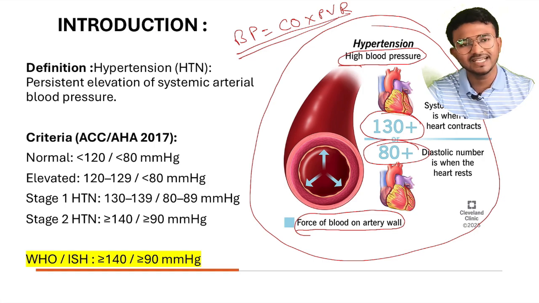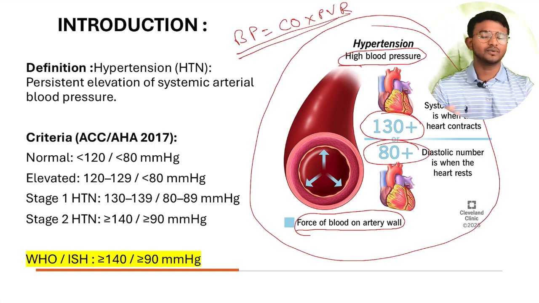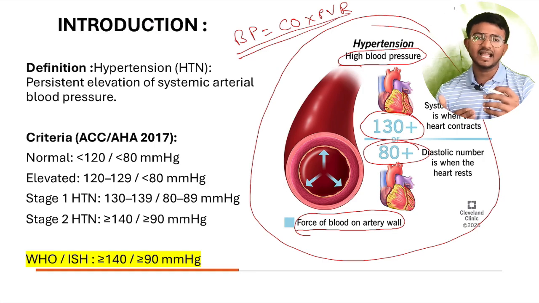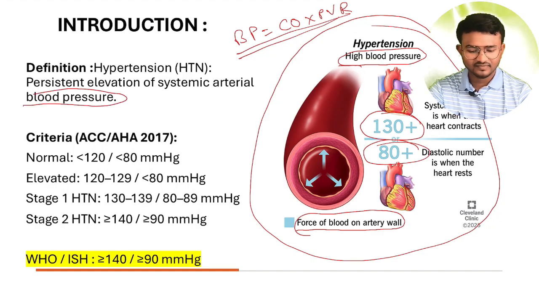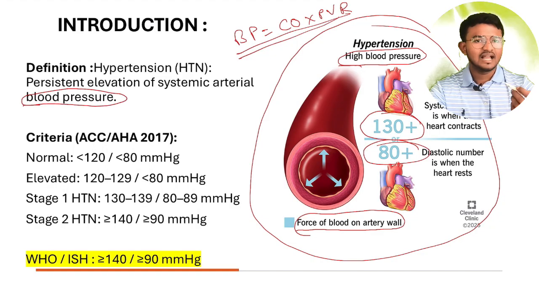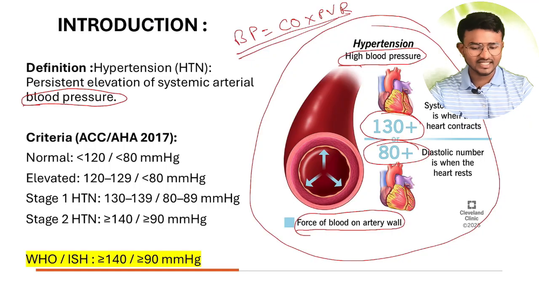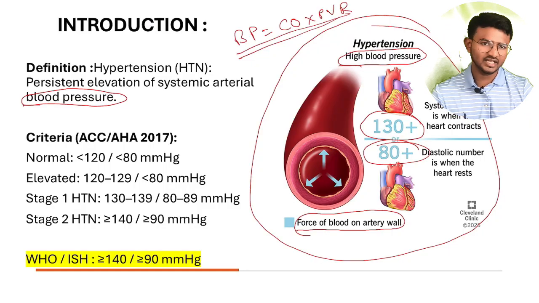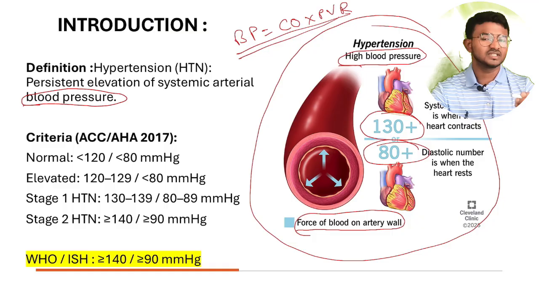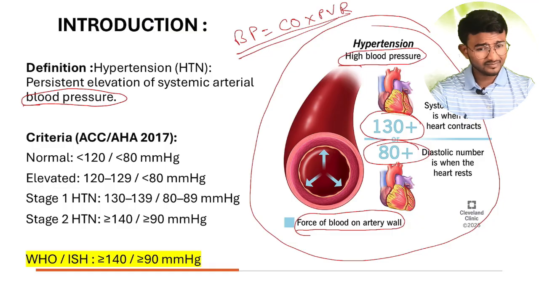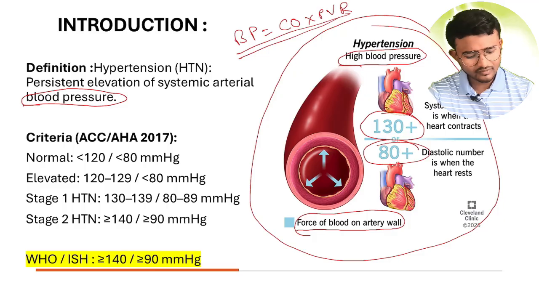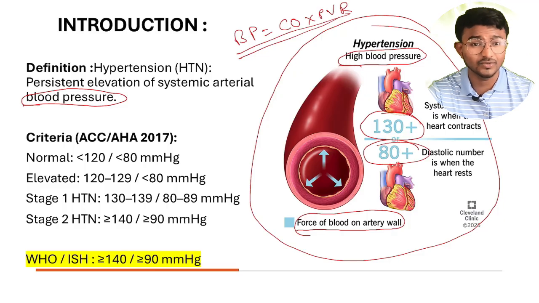If anyone asks for the definition of hypertension, we have to say persistent elevation of systemic arterial blood pressure. Persistent means it is always elevated. We have some criteria based on ACC and AHA 2017.